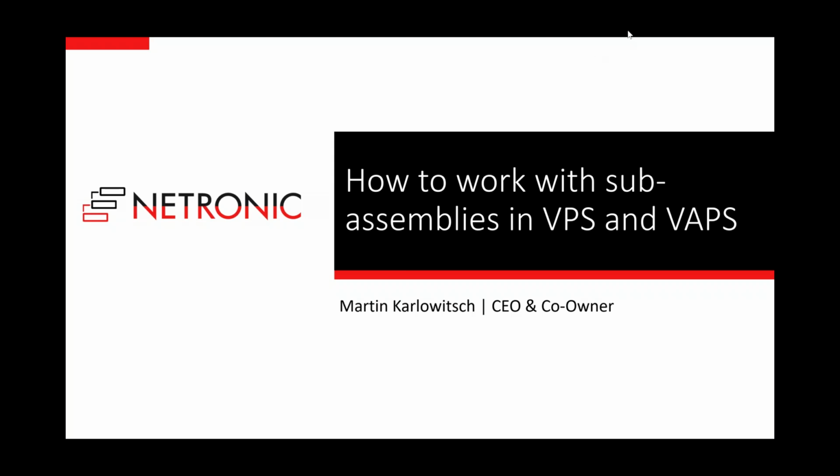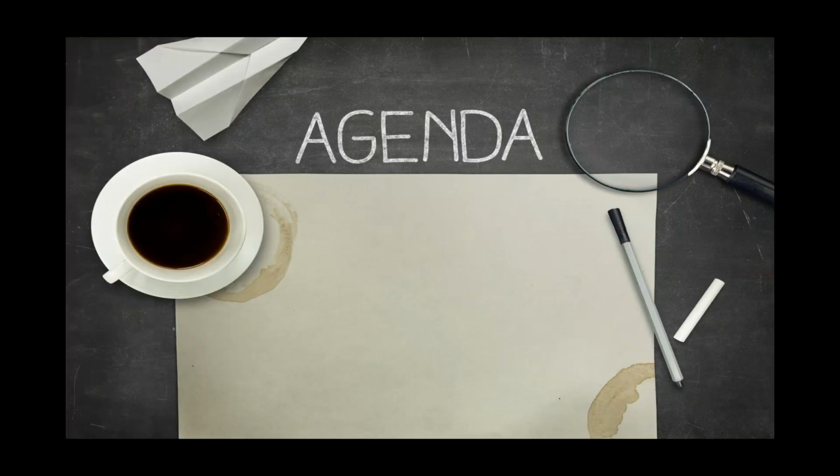Let's look at what's going to happen in the next 50 to 60 minutes. As the title says, we look at sub-assemblies in VPS and VAPS. I want to give you a quick recap about what VPS is, what VAPS is, and what the difference is, because this is a question I keep hearing.